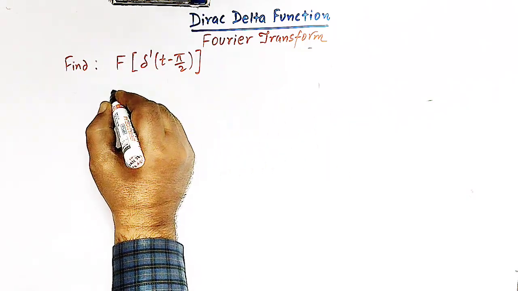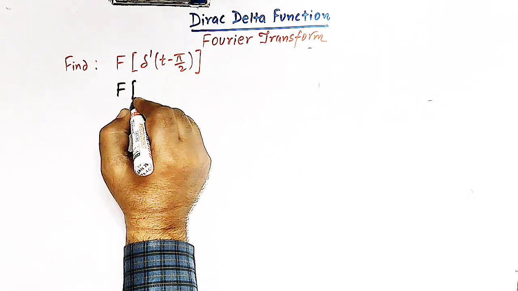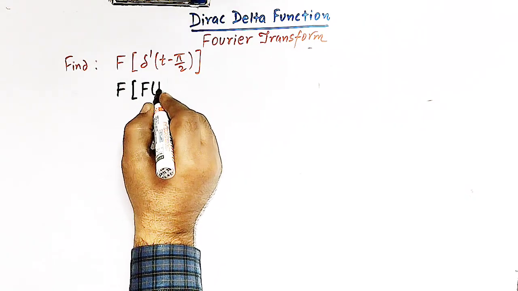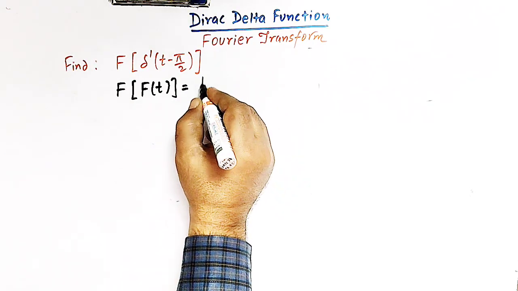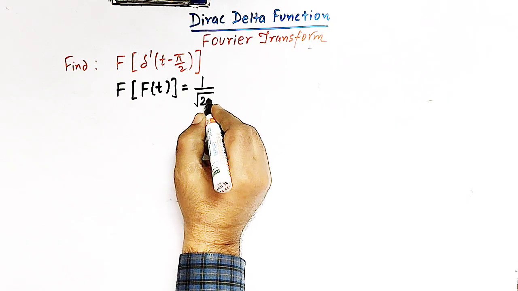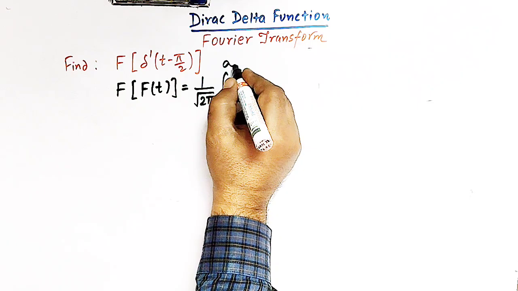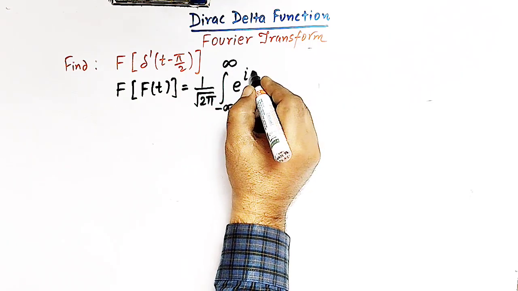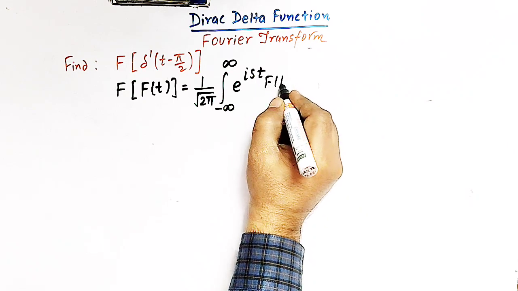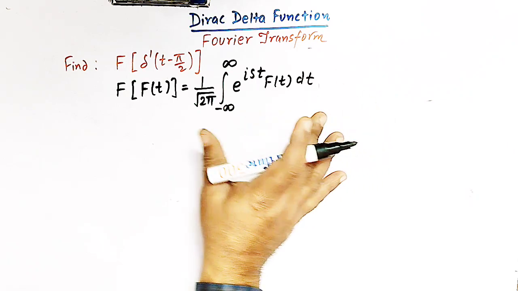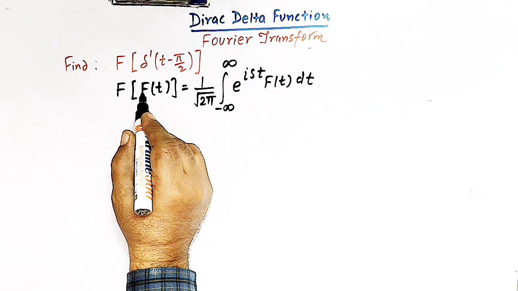If we have a function f of t, then the Fourier transform of f of t is defined as 1 over square root of 2 pi, times the integral from minus infinity to infinity of e raised to i s t, times f of t dt. So this is the definition of the Fourier transform of f of t.